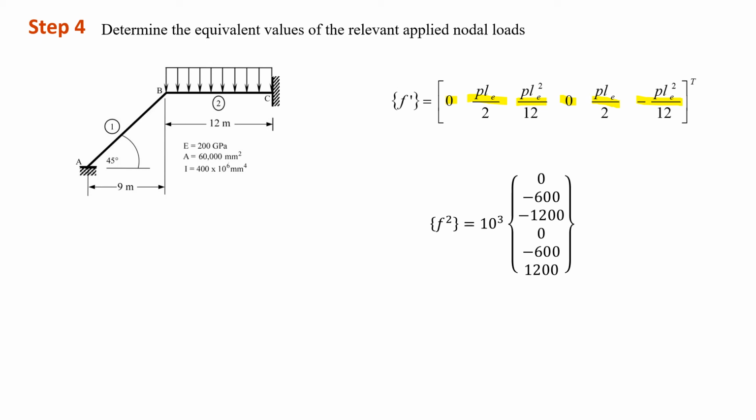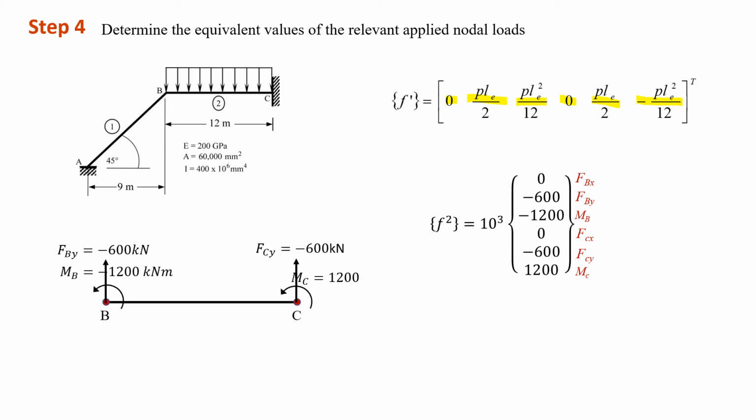As these distributed loads occur between B and C, the first term here is for FBX, followed by FBY and MB for the first node B, and followed by FCX, FCY, and MC for node C. It's always X, Y, and Z. It can also be represented by using this diagram. So we have FBY, MB, FCY, and MC. They have no loads in x direction.